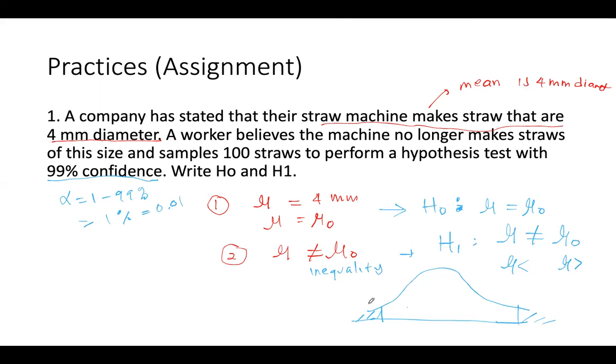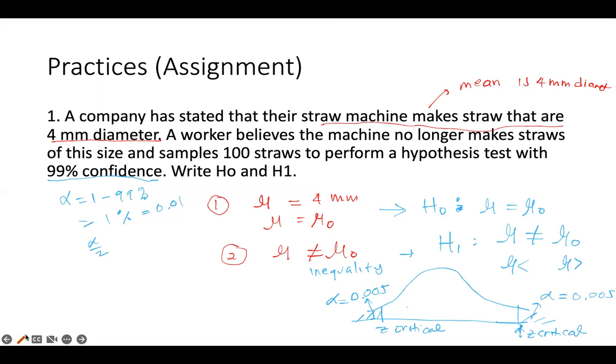So the significance level, alpha over 2, should be 0.005. So you have to find the z which gives 0.005. This is your Z critical.